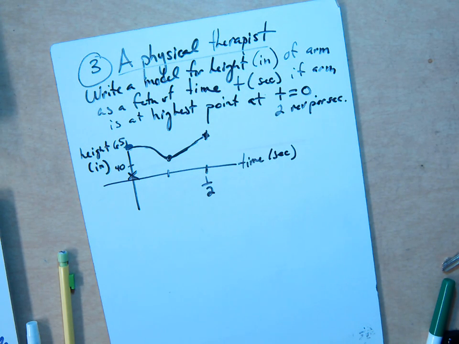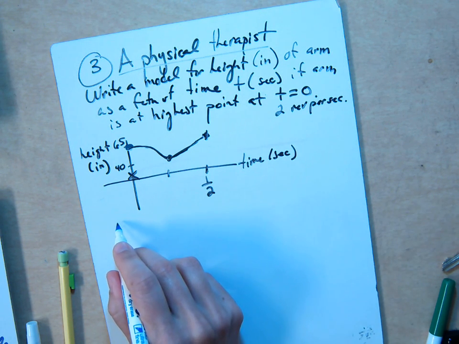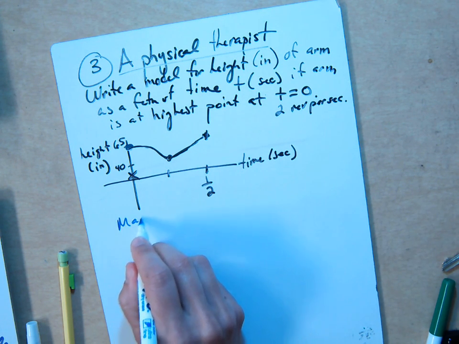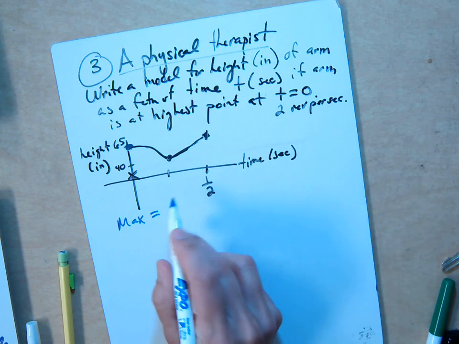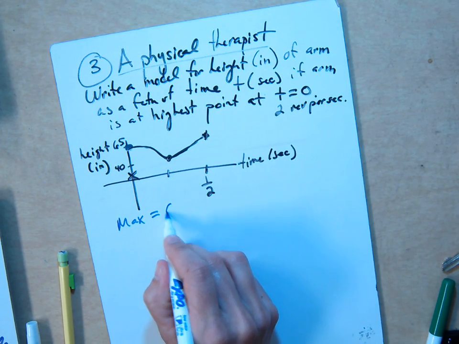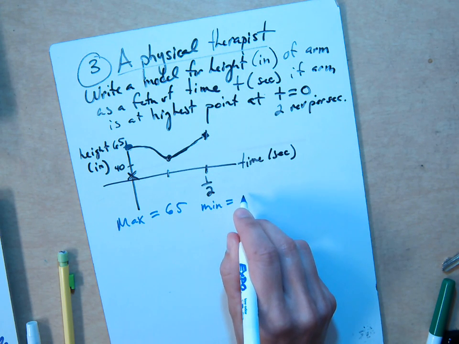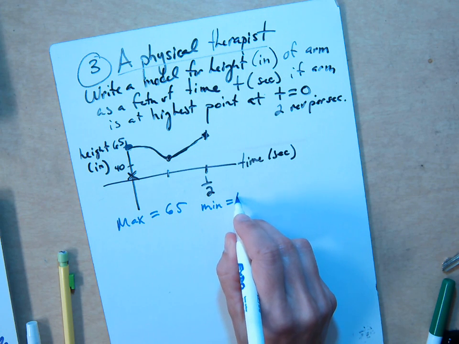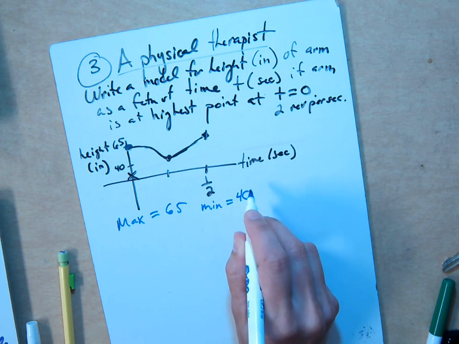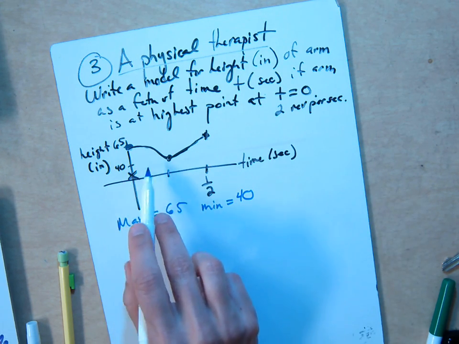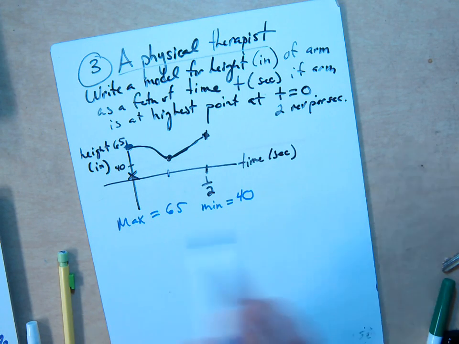Now we have a graph with all the key information we need, so we just break down max, min, and find all the information. Max is 65. The lowest point off the ground was 40 inches.